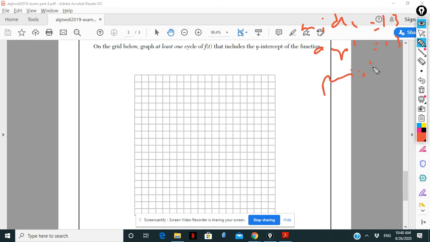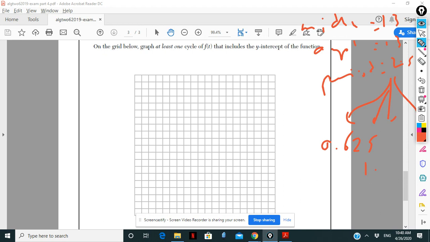The period is 2.5, and I'm going to split it into 4 parts, which means dividing by 4.